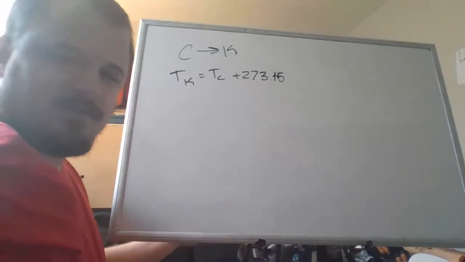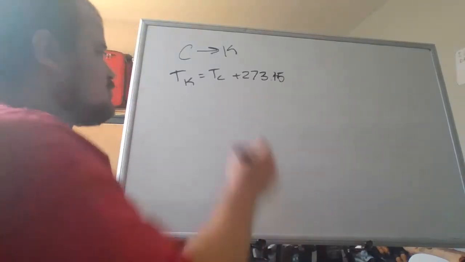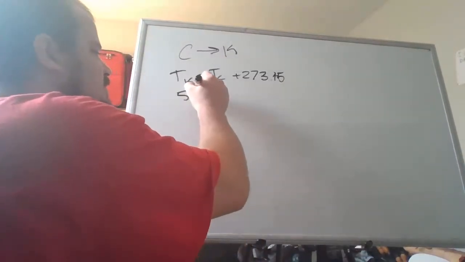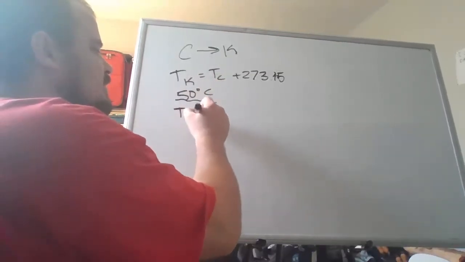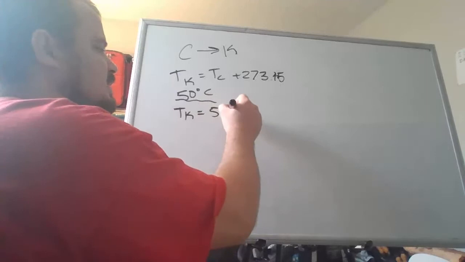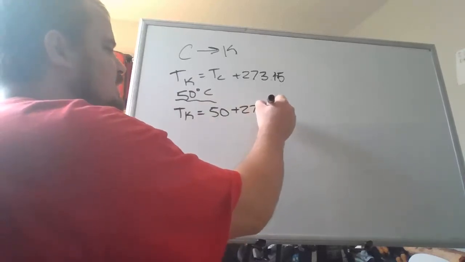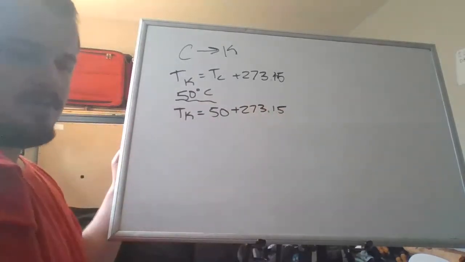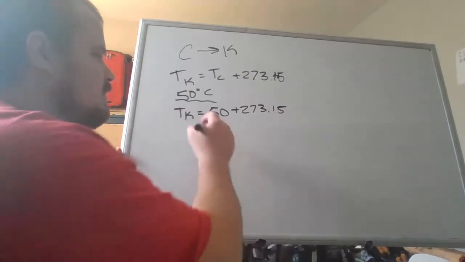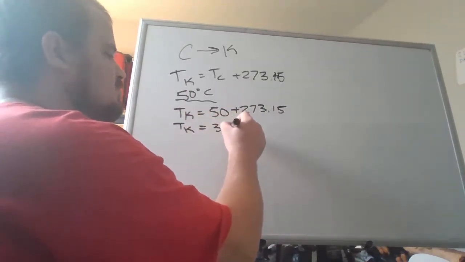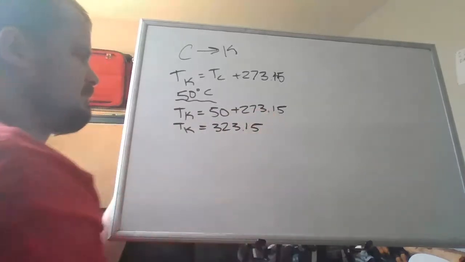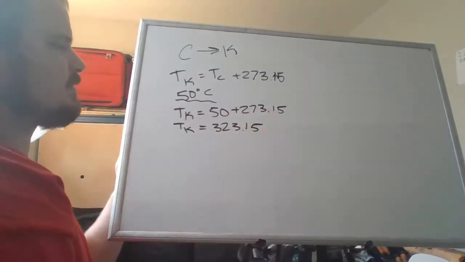So we add 273.15. For the first one, temperature in Kelvin equals 50 plus 273.15. When we do that, our temperature in Kelvin is 323.15. That's what we get for the first one.